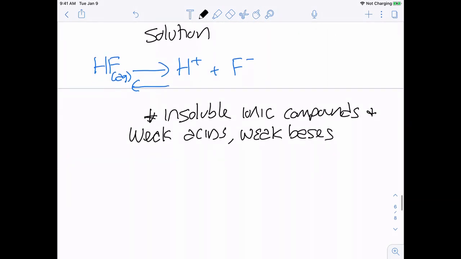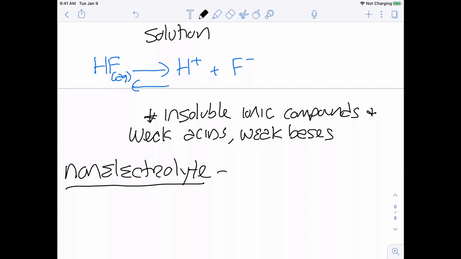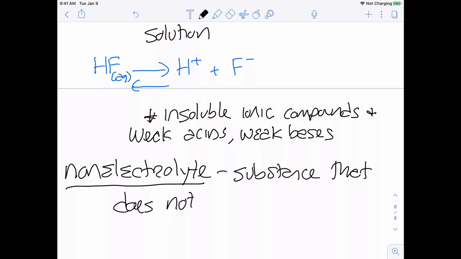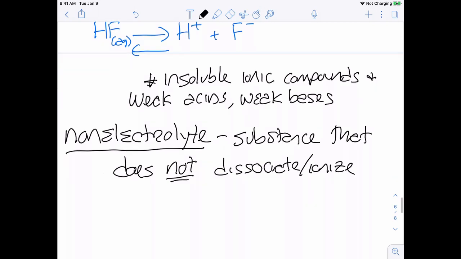A non-electrolyte is going to be a substance that does not dissociate or ionize to form ions in aqueous solution.